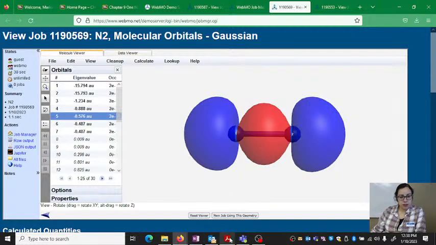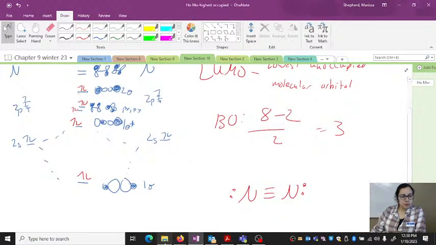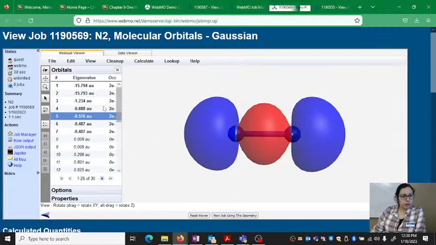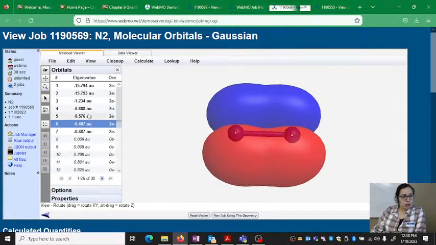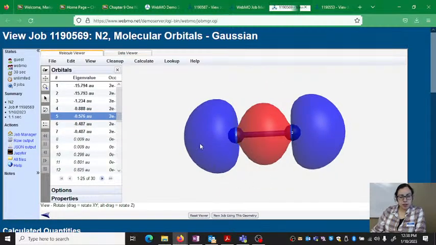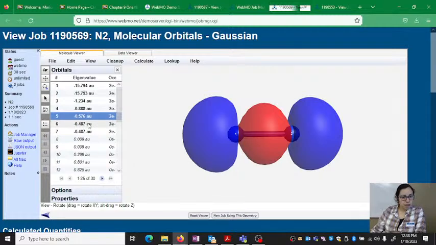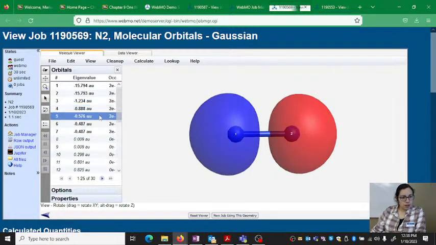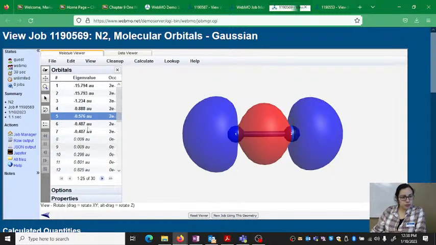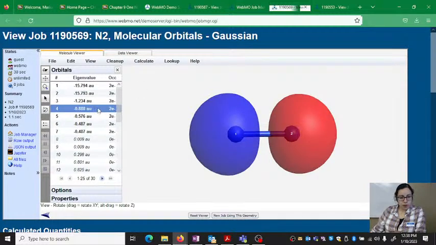Then we have our next orbital. And so it looks like it put the PZ next or something, which is not what we would expect. So the ordering could be a little off.